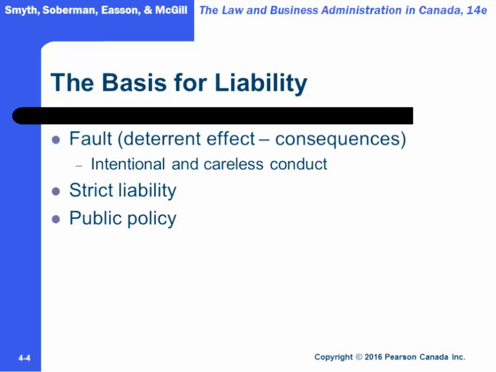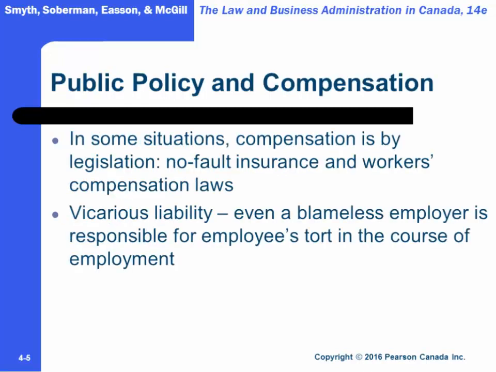It says employers must contribute to a fund that is used to compensate workers injured in accidents, even when the employer is blameless and the injury is the result of the employee's own carelessness. And so what we have now is a situation where workers generally, not in every circumstance, but generally in most industries, get compensated. As long as they're hurt at work, they get compensation regardless of who's at fault.